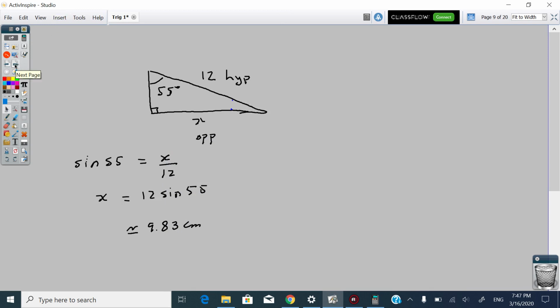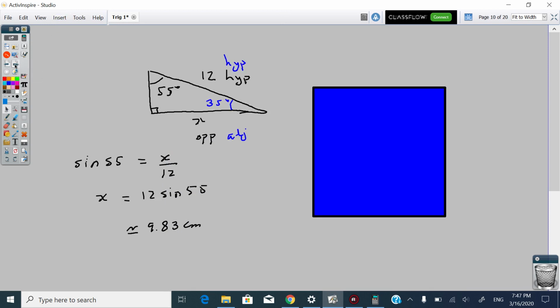Let's take another example, and it is related to this one. Someone might say, but hang on a minute, I don't want to use this 55. I know that this angle is 35 degrees because the sum of the two acute angles in a right angle triangle is 90. They are complements of each other. So if someone decides to take this 35 as the reference, this is the hypotenuse, it does not change.